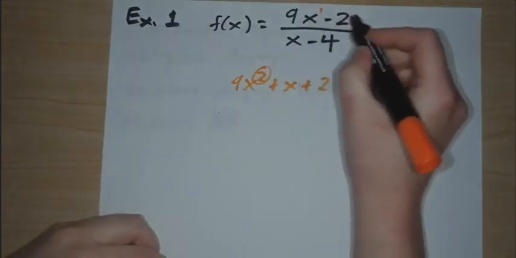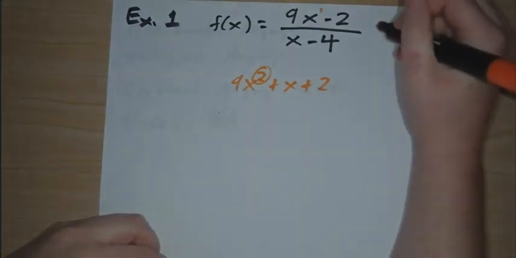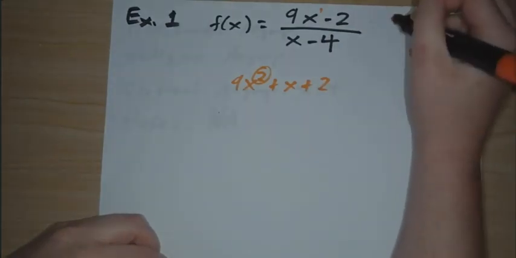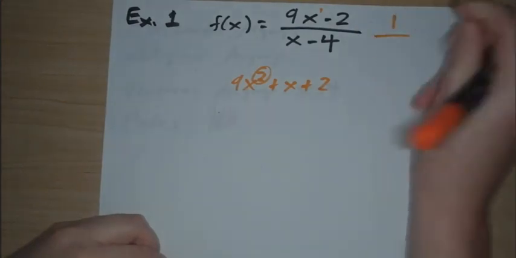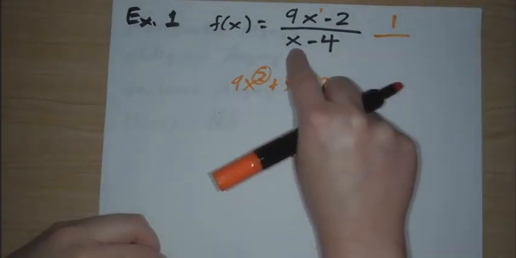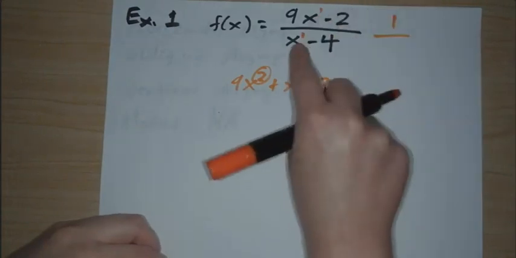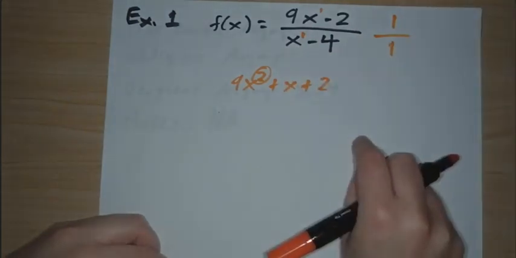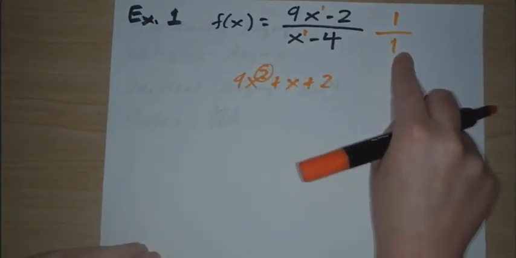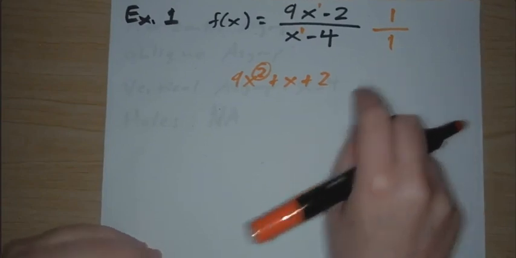So we know that the degree of the numerator of this function is 1 on the top. And the degree on the denominator is the same. The highest exponent of the variable x is 1. So we have the degrees of 1 over 1.